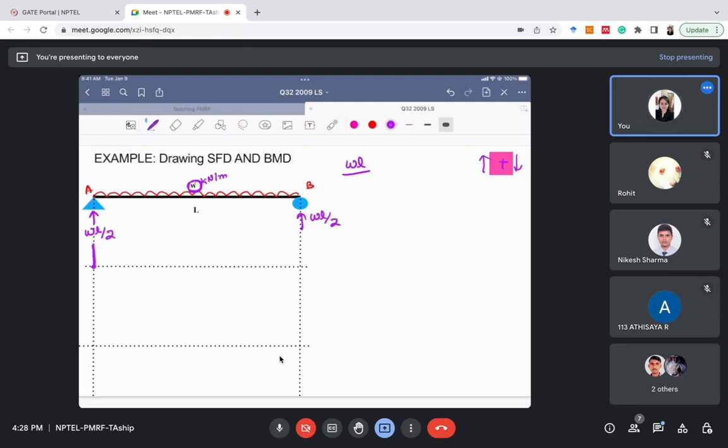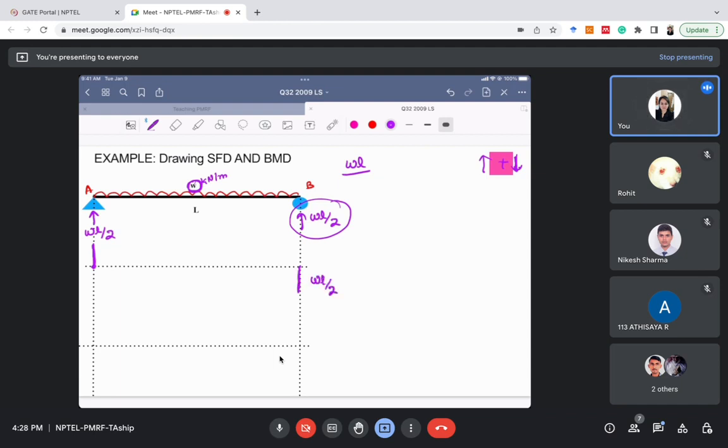Now we can do the same at this point also. This is the right side of the section, and the load is upward. On the right side, downward load is positive but upward load is negative. So I've drawn it this way, WL by 2.